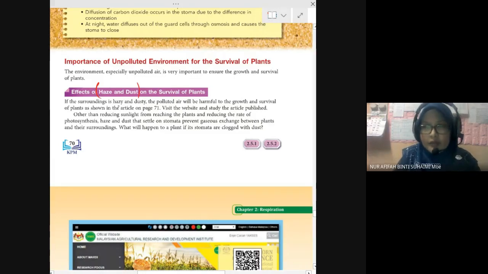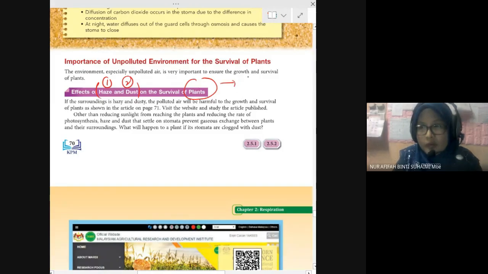Now effects of haze and dust on plants. So these two only, haze and dust, will affect the plants. The others do not. What about carbon monoxide, sulfur dioxide, nitrogen dioxide, cigarette tar?